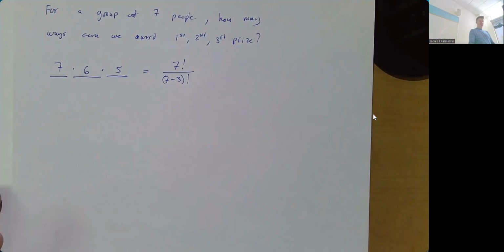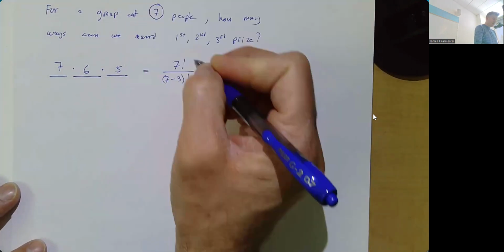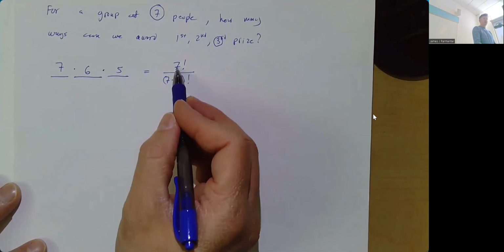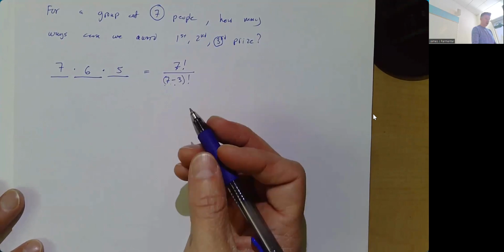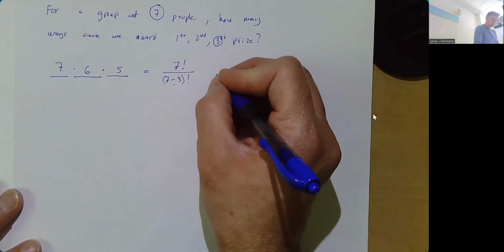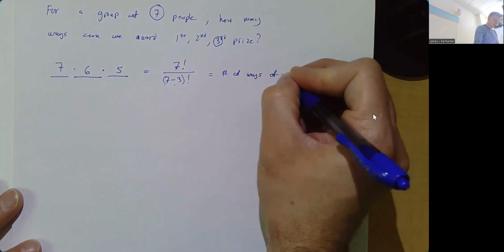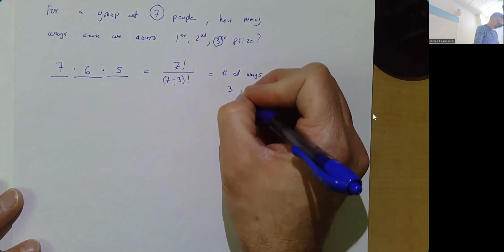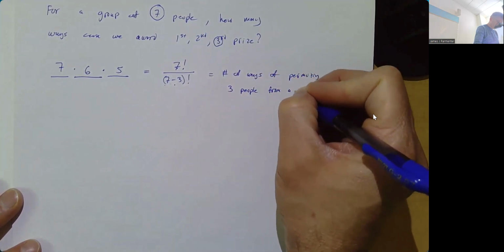The reason I'm writing it like that and not just saying 7 factorial over 4 factorial is because I really want to emphasize that from the 7 people, we are picking 3. So I have 7 factorial on top and 7 minus 3 factorial on the bottom. And this is the number of ways of permuting 3 people or things from a group of 7.